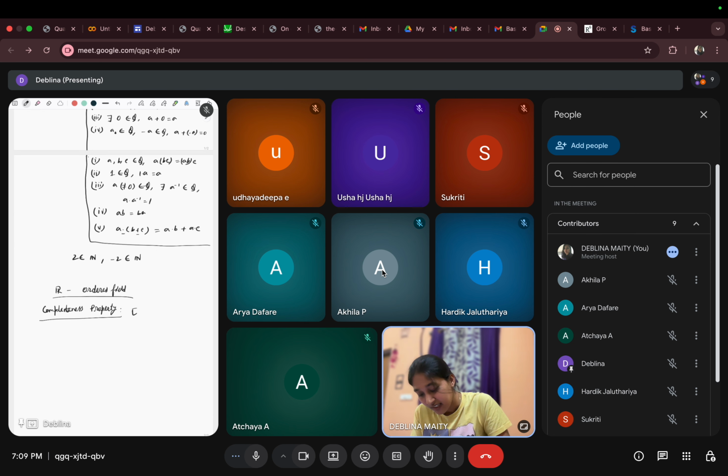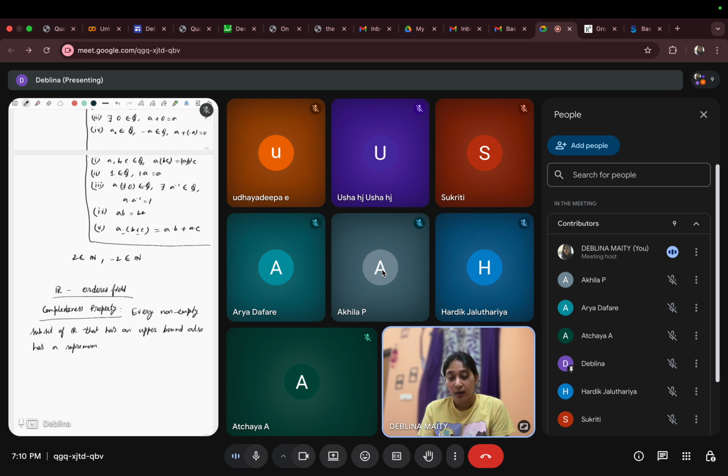It says every non-empty subset of R that has an upper bound also has a supremum. So this is the completeness property, and Q lacks this property. R has this property, so R is a complete ordered field.